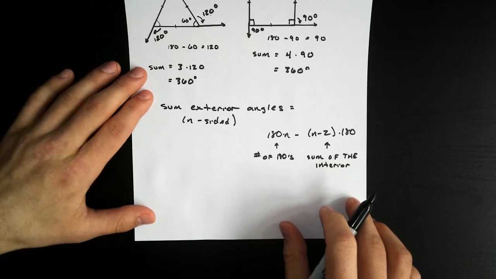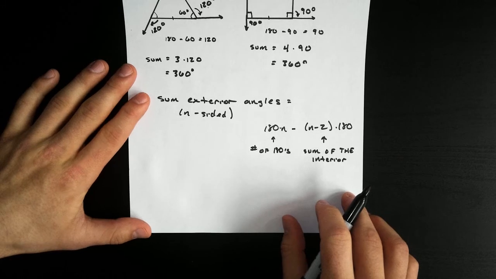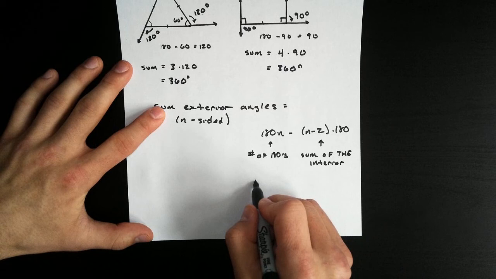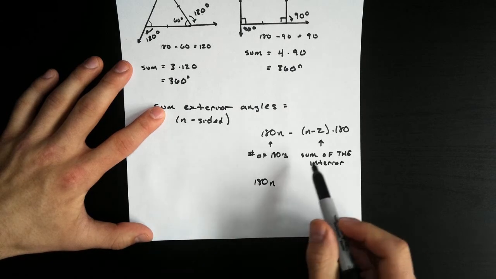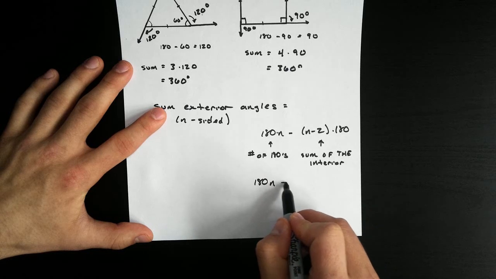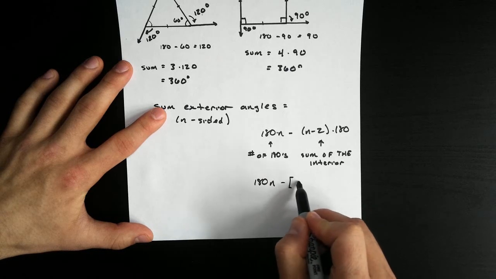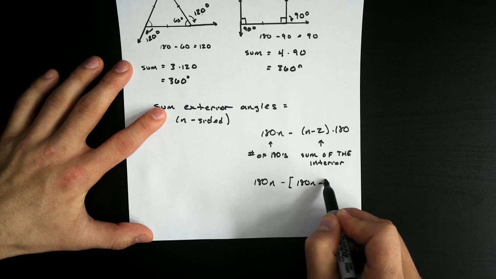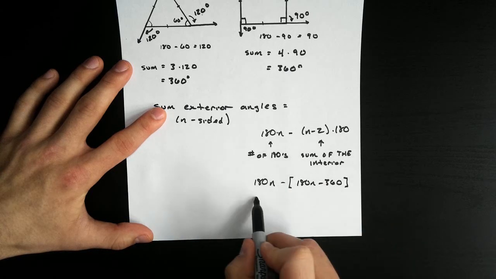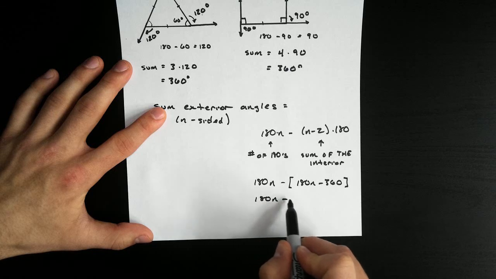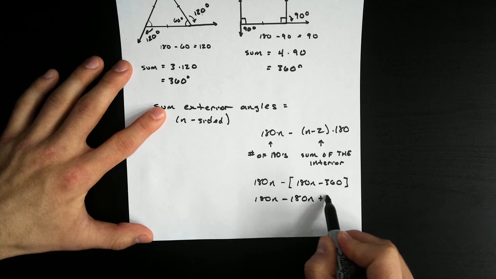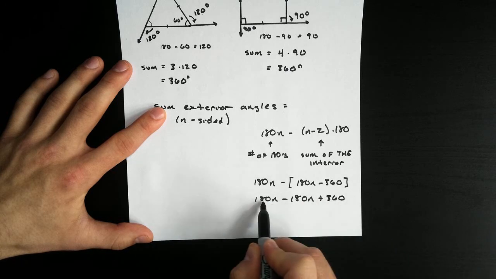So now if we simplify this a little bit, hopefully we can get what our pattern up here suggests, and we get 360. So 180 times n, and then if we distribute this, that's going to leave us with 180n minus 360, and then distributing the negative, 180n minus 180n, negative times a negative turns into a positive.